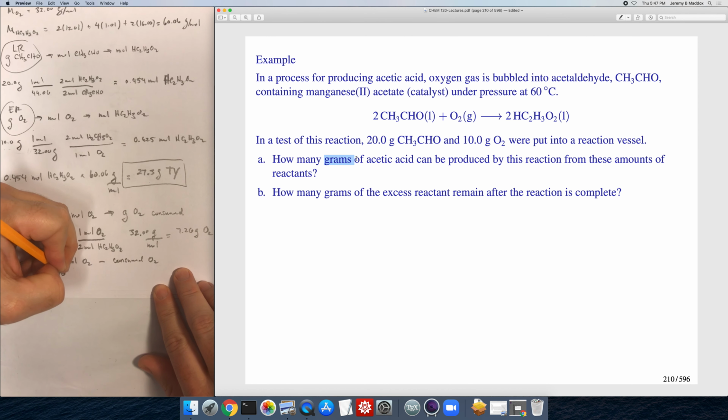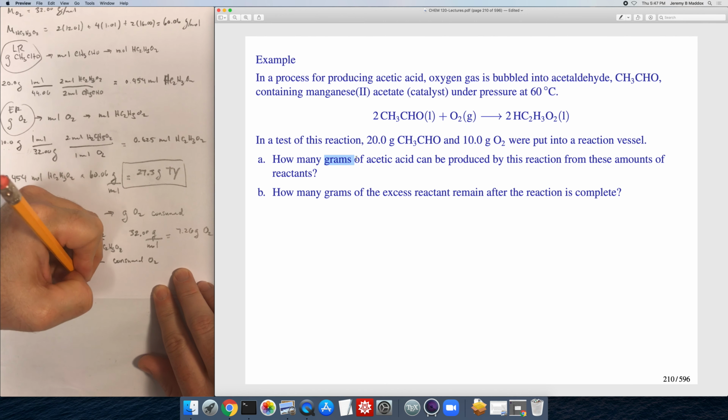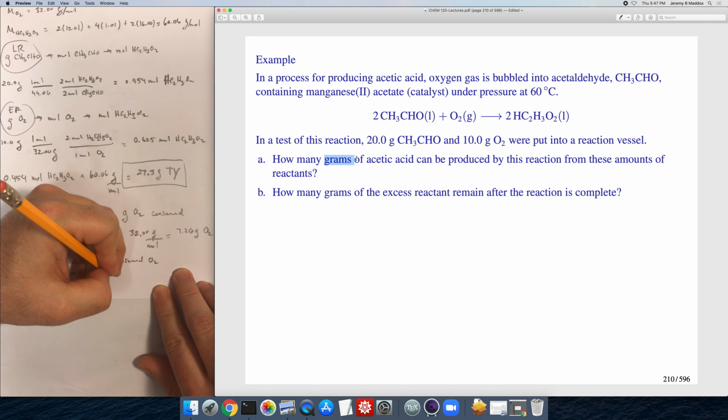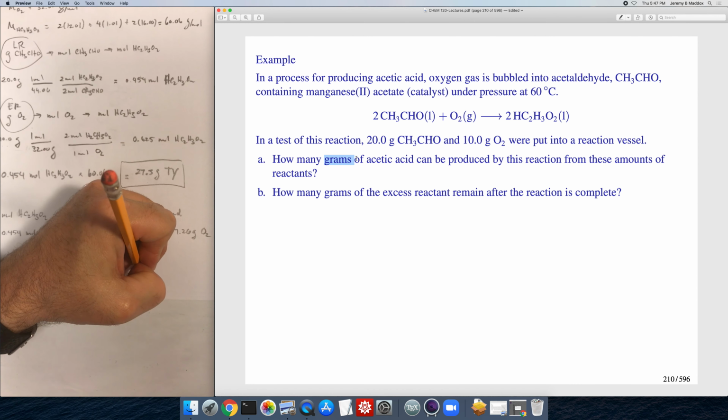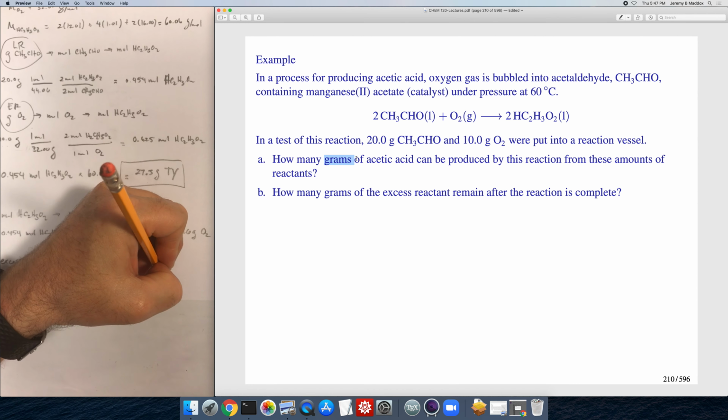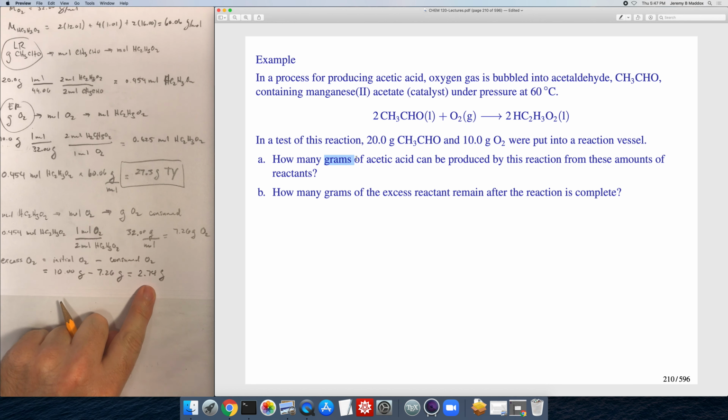So it will be 10 grams minus 7.26 grams, or 2.74 grams. So that's the answer to part B. That's the amount of oxygen that remains after the reaction is complete.